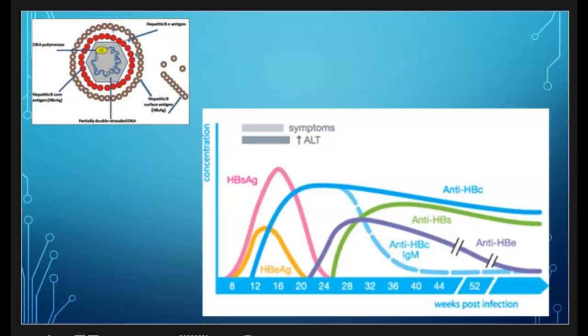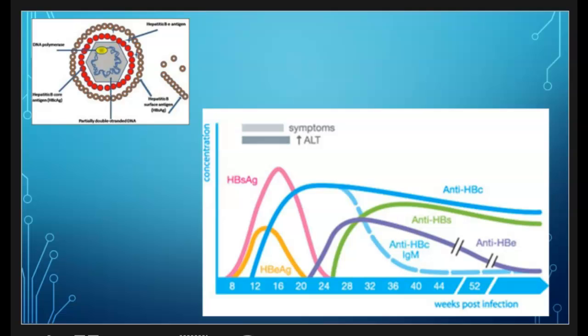Next, we're going to talk about the tests for hepatitis B. There are many, and it is very confusing. Oftentimes, we have to help people decide which hepatitis test they want to order. Hepatitis B surface antigen, or HBs antigen, is a protein that's found in the outer envelope of the virus.